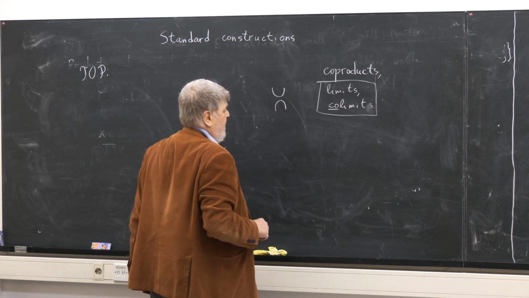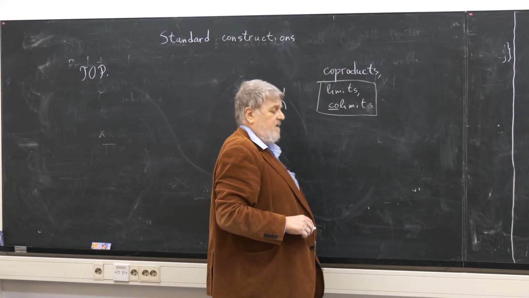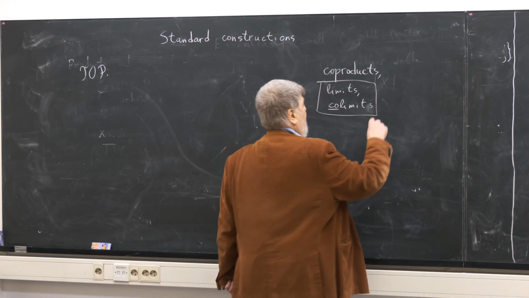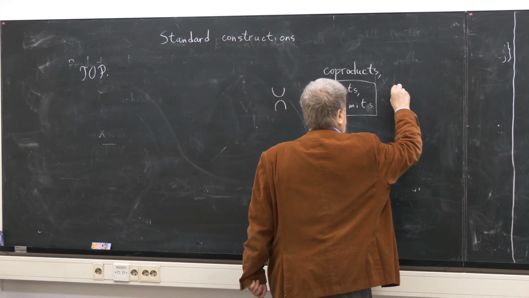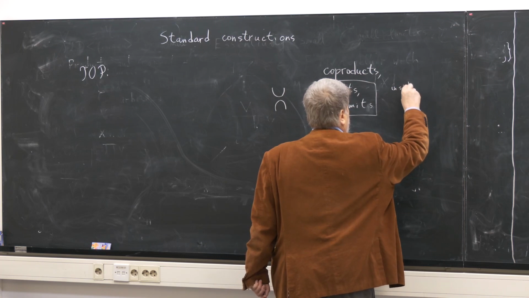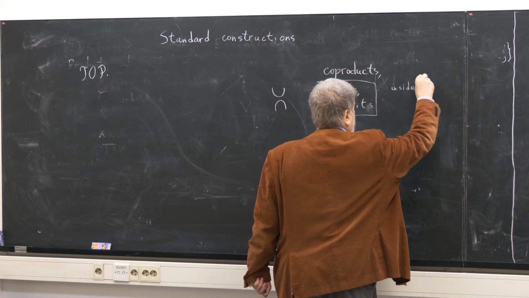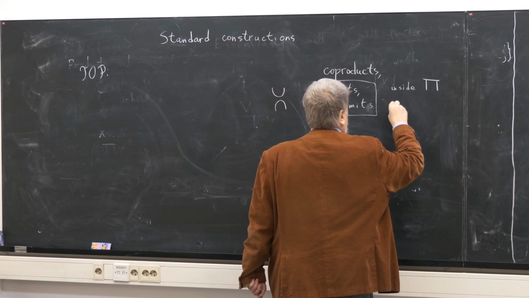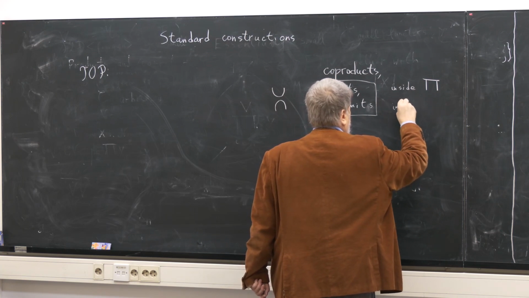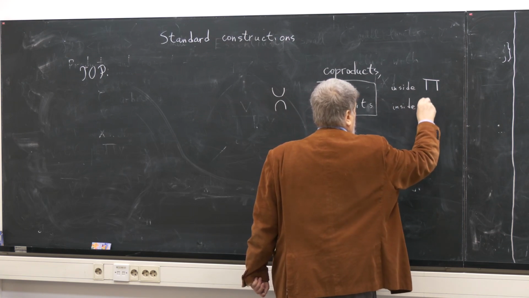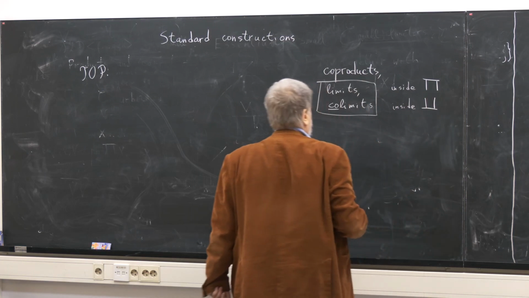My suggestion is that we understand that limits are inside products, while co-limits are inside co-products.